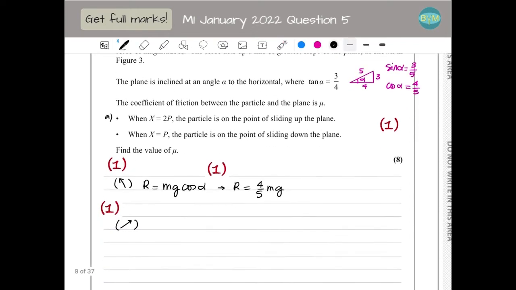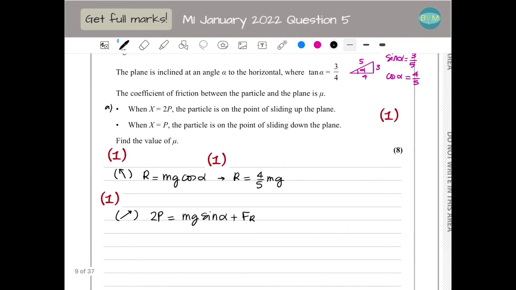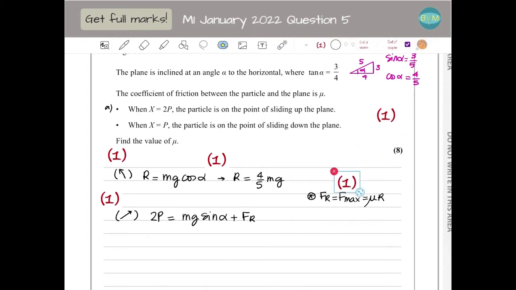So the force pointing up, which was 2p, is going to be the force pointing down, mg sine of alpha plus my friction. Friction, I know when it's about to move, is maximum. So friction is maximum, and is going to be mu times normal reaction. You get a mark for using this.